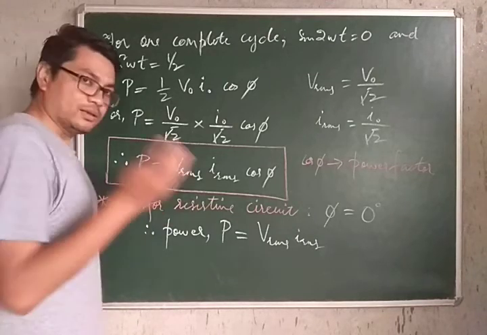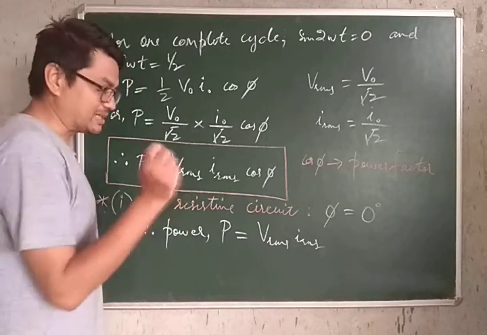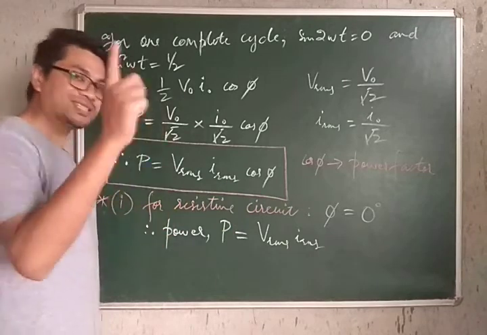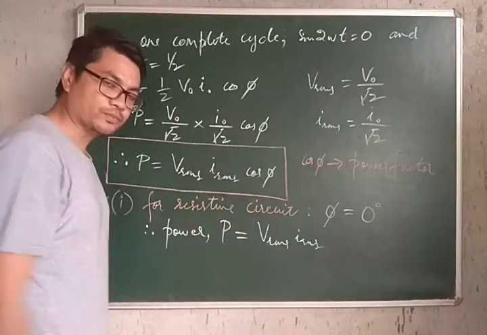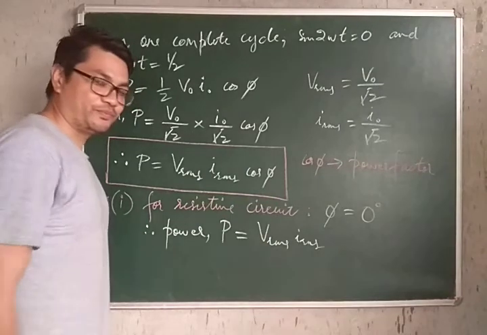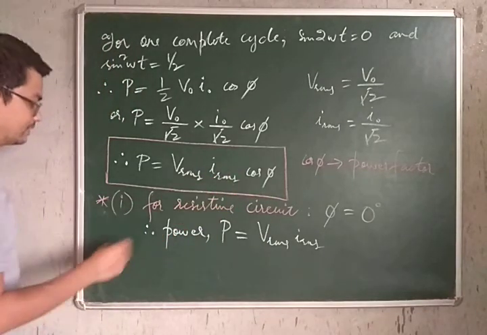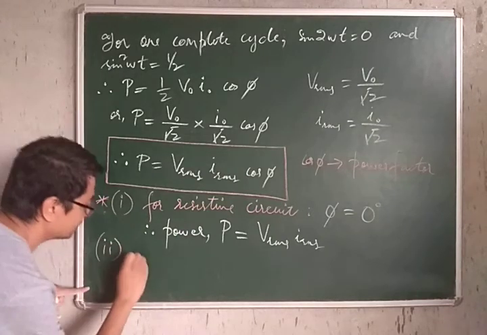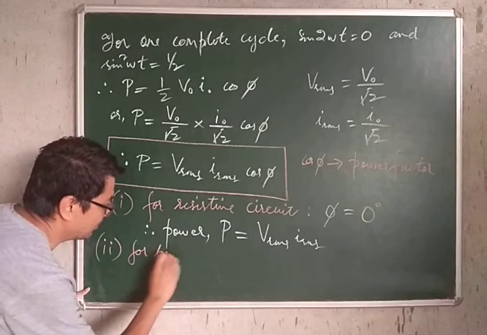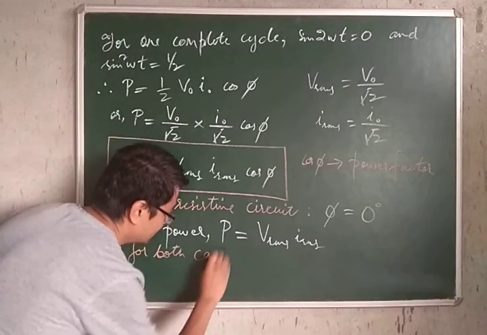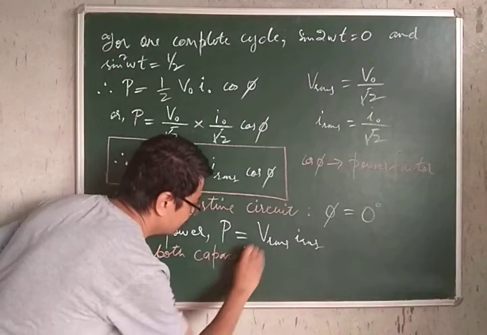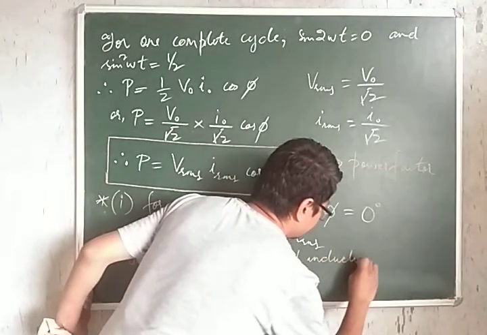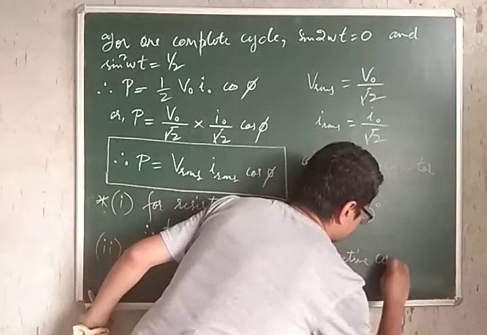Now, for inductive and capacitive circuit, pay attention over here. Alright, so we need to look into that. For inductive and capacitive circuit, the phase difference between the voltage and the current is pi by 2. So cos pi by 2 is 0. Alright, so number 2, I'm including both capacitive and inductive circuit.